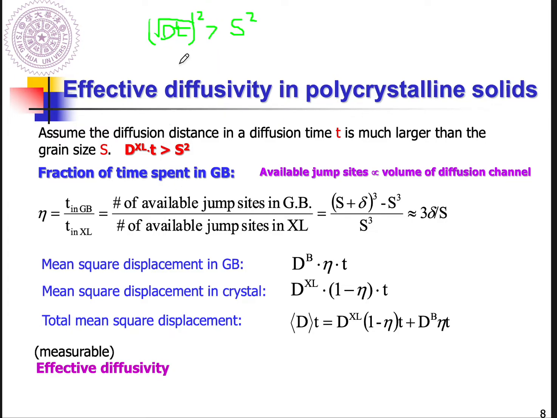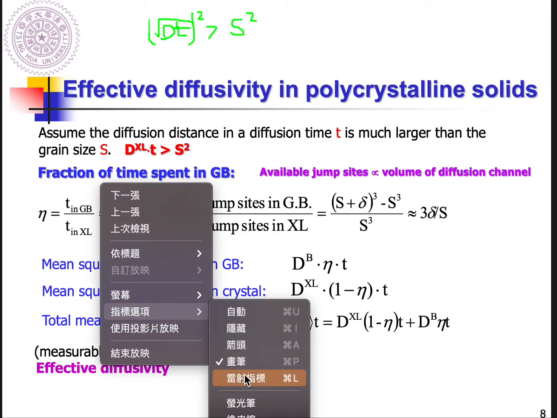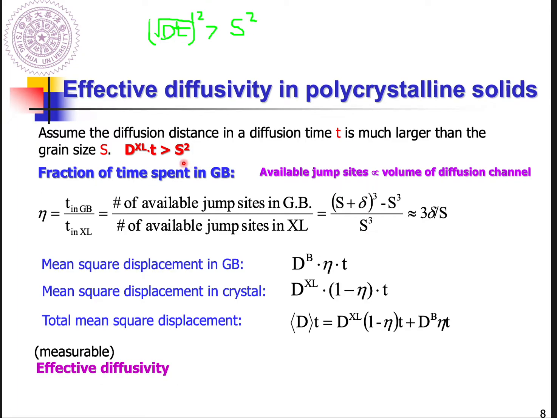Something like this. So you use a dt larger than s squared. This assumption actually tells you that the diffusion length is much larger than the size of the grain.